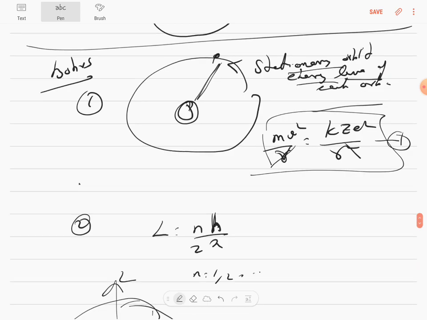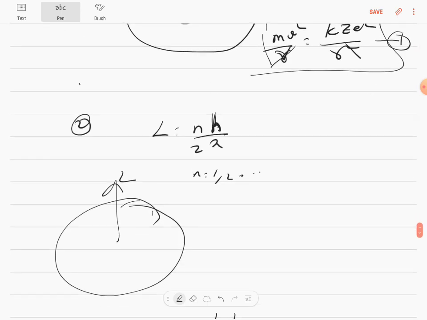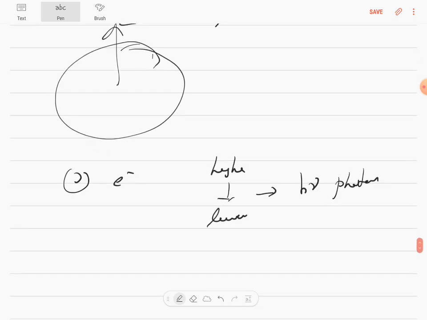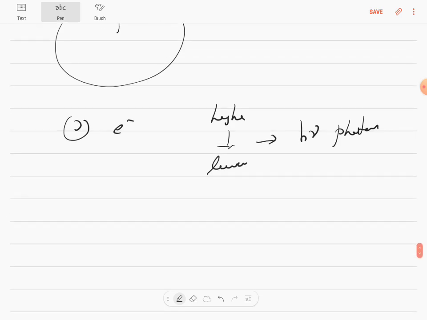The first postulate is that the electron revolves around the nucleus in a stationary orbit, where the centripetal force is provided by the force of attraction. Next, the angular momentum of the revolving electron is an integral multiple of h by 2 pi. The third postulate is that the electron jumps from a higher to a lower energy level by releasing energy as quanta or photons, so E2 minus E1 is equal to h mu.